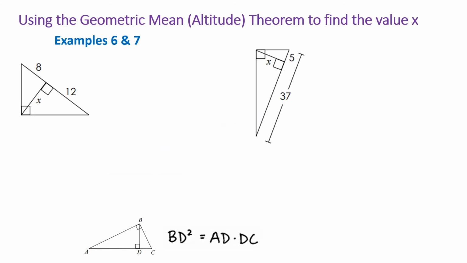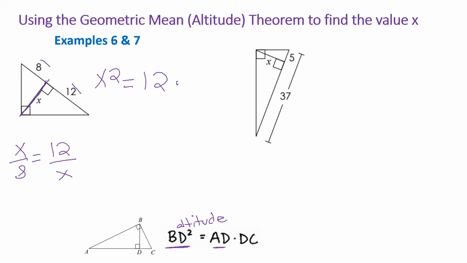Using the geometric mean altitude theorem, we want to find the value of x. For this first problem, I could set up a proportion. x is my altitude right here. I could write this as x over 8 is equal to 12 over x, or using the theorem, BD, which is my altitude, squared, so x squared, is equal to AD times DC, which in this case is 12 times 8.